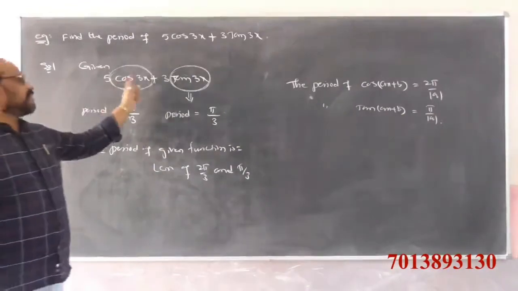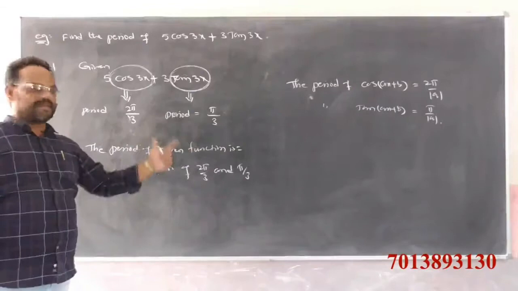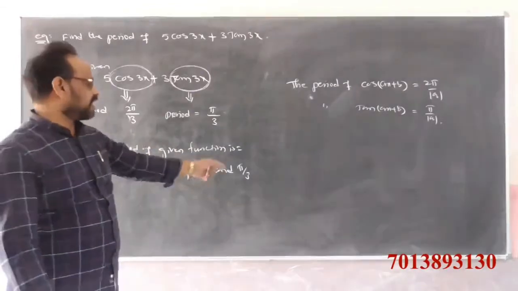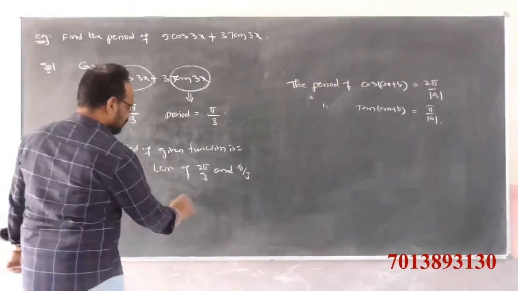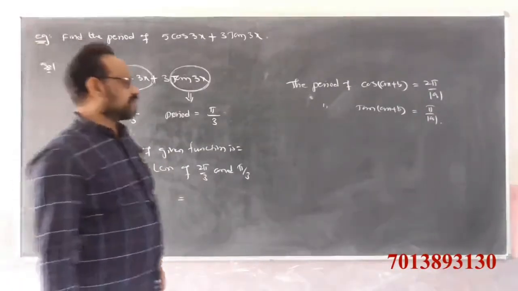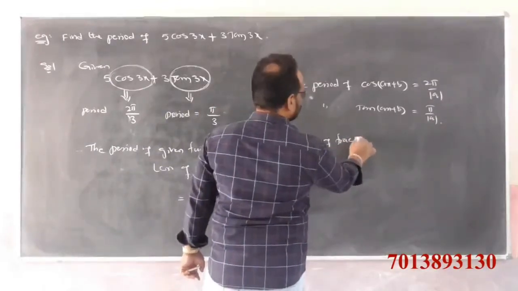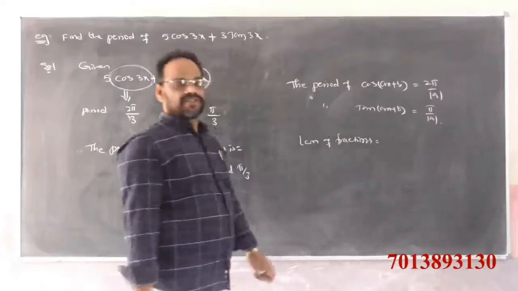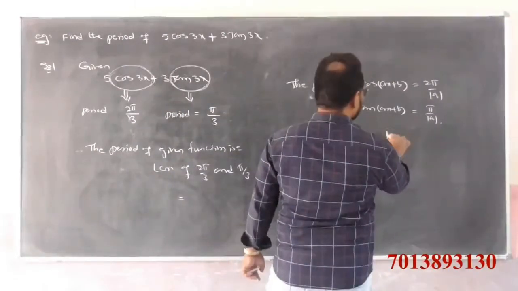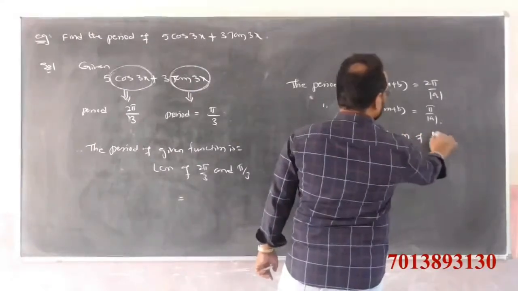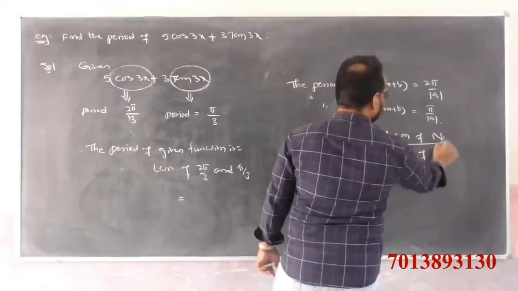Therefore, for f of x plus g of x, k is the LCM of m and n. So the LCM of 2 pi by 3 and pi by 3. Already we discussed the formula for the LCM of fractions: LCM of the fractions is equal to the LCM of numerators by the HCF of denominators.